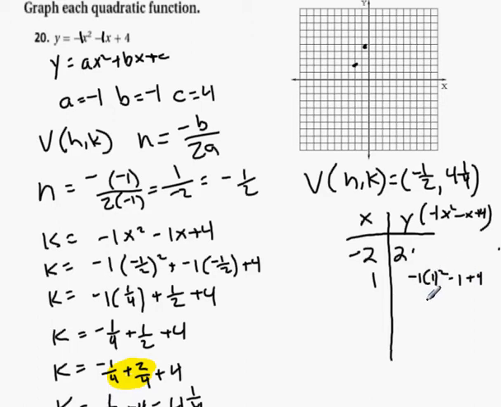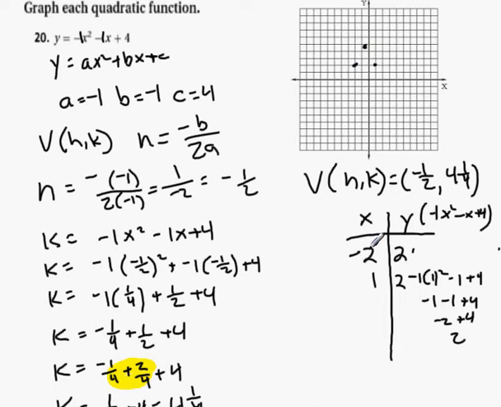Well, 1 squared is 1, so I have negative 1 minus 1 plus 4. Negative 2 plus 4, which is 2. So when x is 1, the value of y again is 2. So I'm going to go ahead and find that ordered pair. So 1, comma 2, right here.